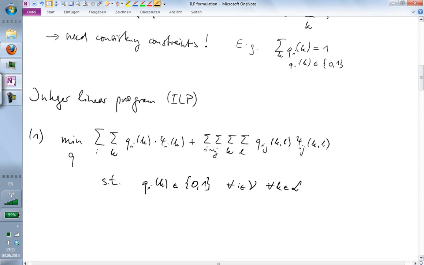So I assume that this set of labels is now just a set of integer numbers, or encoded by integer numbers. Similarly, I want the indicator variables for my pairwise interactions to also be binary.